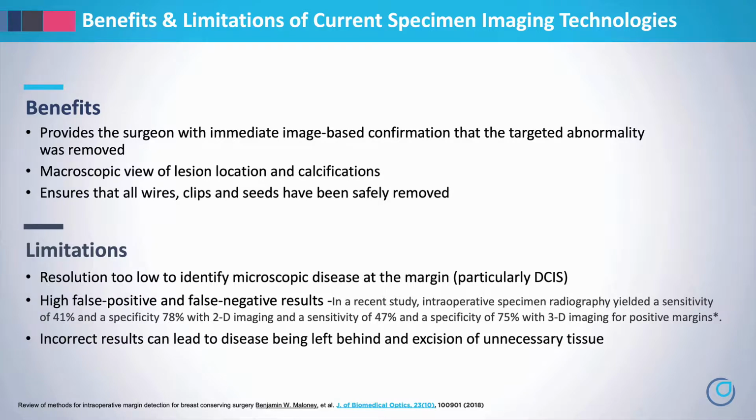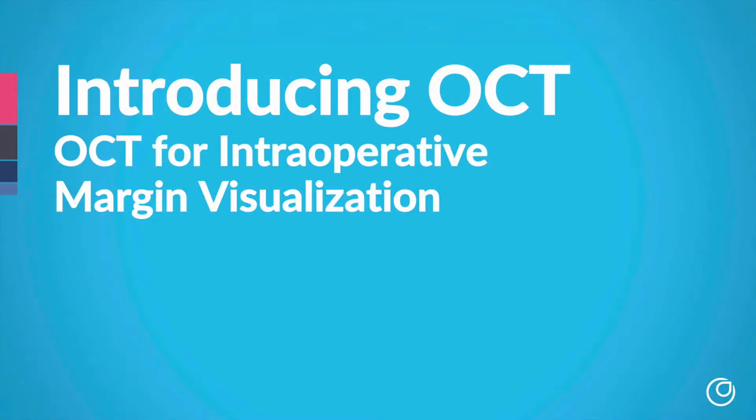Likewise, incorrect results obviously can lead to disease being left behind or excision of unnecessary tissue and resulting potential for need for additional surgery. So to address this present clinical need, we're going to discuss OCT for intraoperative margin visualization.